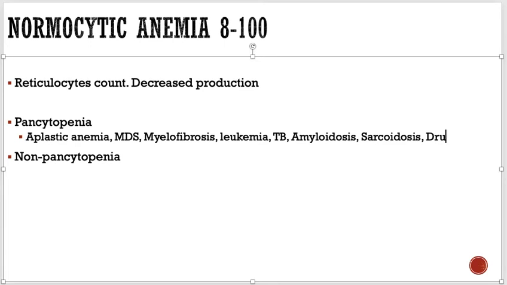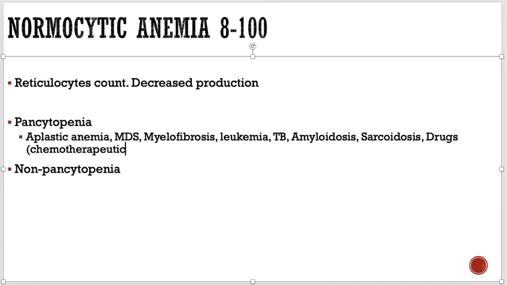Drugs, and among drugs, the most important to remember are chemotherapeutic drugs. Anyone taking chemotherapy for cancers can develop aplastic anemia. These are the causes of pancytopenic anemia.